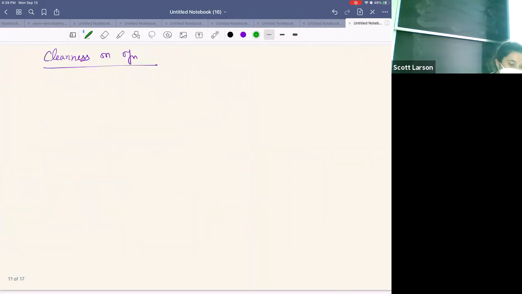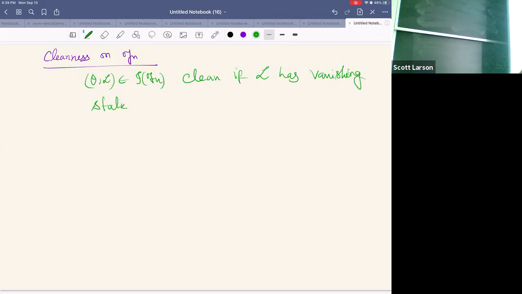Now I define cleanness on my graded piece, and here the definition is quite similar. I pick (O, L) from IGN. It is clean if L has vanishing stalk on the complement of O in the closure.